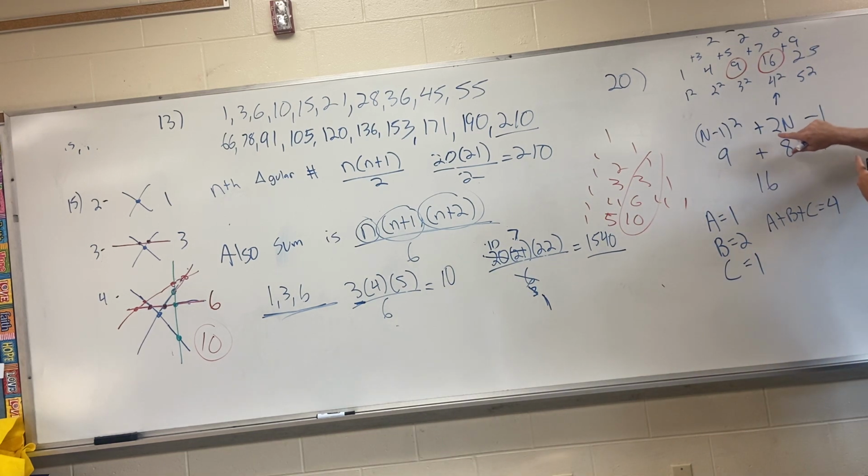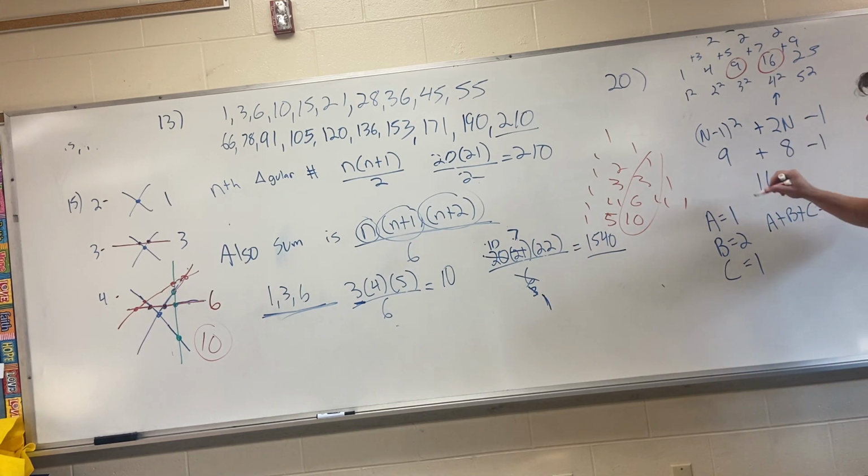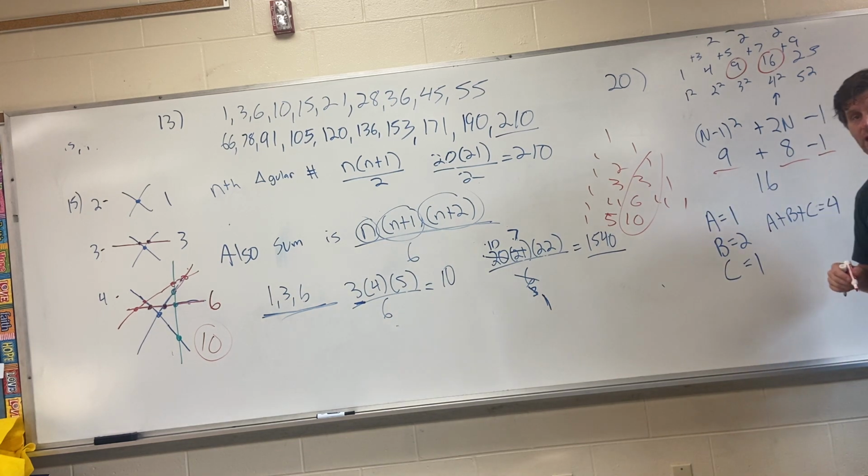You take 2 times the number that you can't do, 4. You can't do 4 squared, but you can do 2 times 4. Okay, so 2 times 4 is 8. You're at 17, and then at the end, you have to subtract 1. It would work the same.